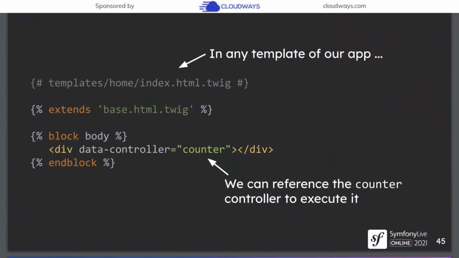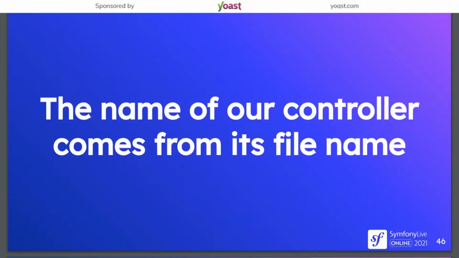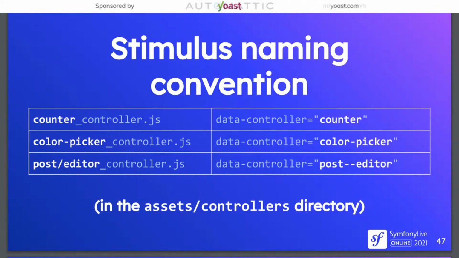And once we develop the controller and build it using Webpack, we can then use it in our HTML. So, for instance, inside any template in my application, I could use data-controller="counter". This counter name actually comes from the file name we used when we called counter_controller.js. The name of the controller is defined as a convention in Stimulus.